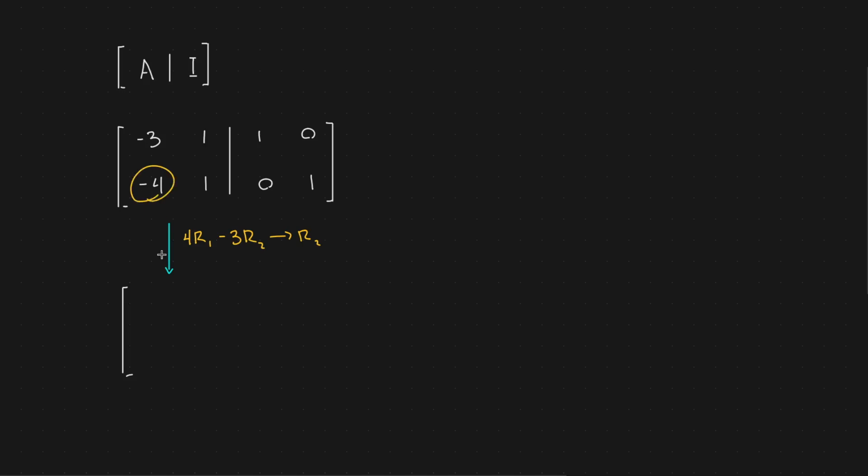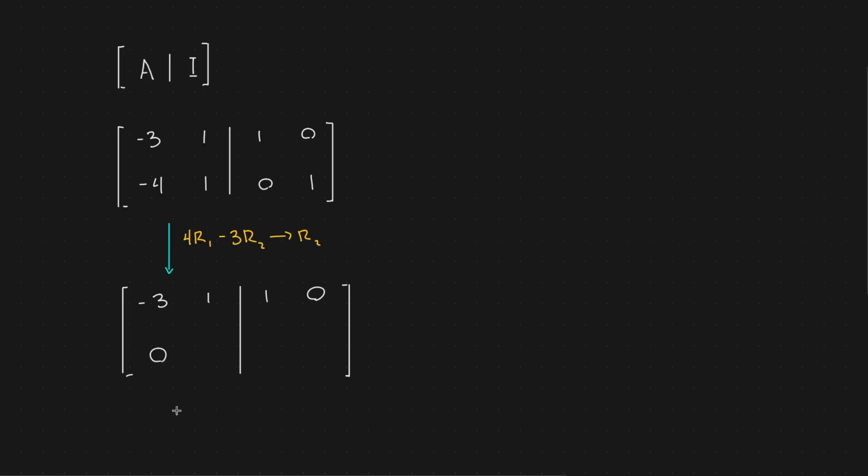Okay, and the goal is to get a 0 here. I'm leaving row 1 the same. And row 2, I'm going to get 4 times this is going to be -12 minus 3 times this. So minus 3 times -4 is +12.